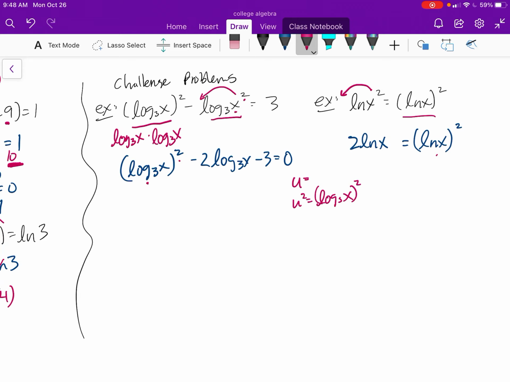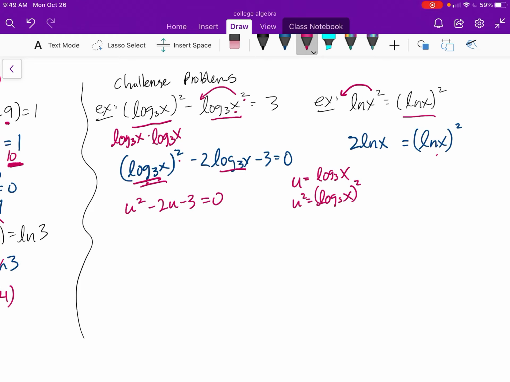So therefore u is just the log base 3 of x for this left one. So here I'm going to have u, here I'm going to have u squared. This is a much more favorable equation than what I began with. U substitution can simplify things so much.